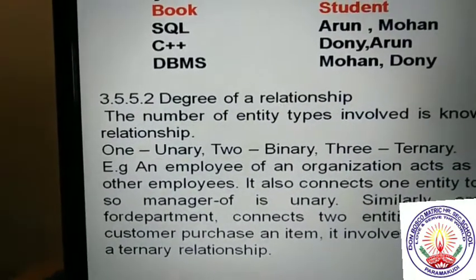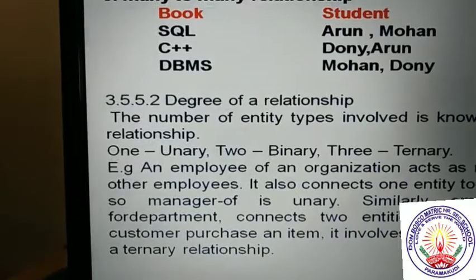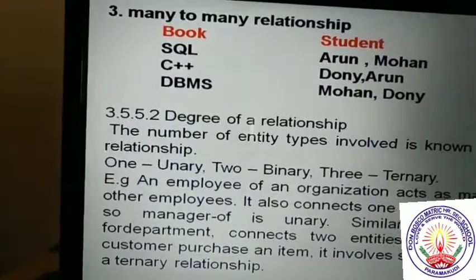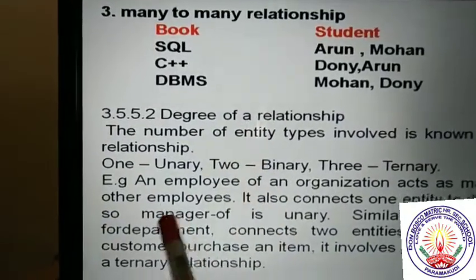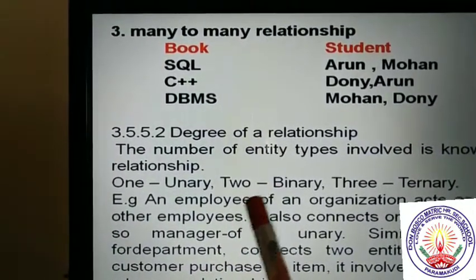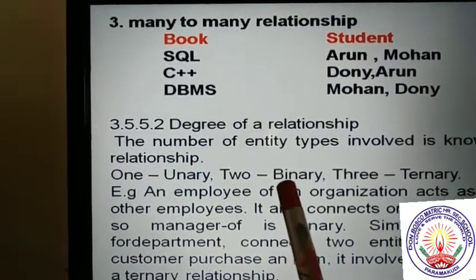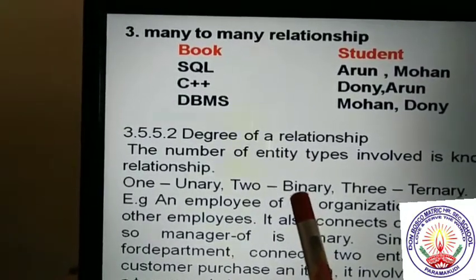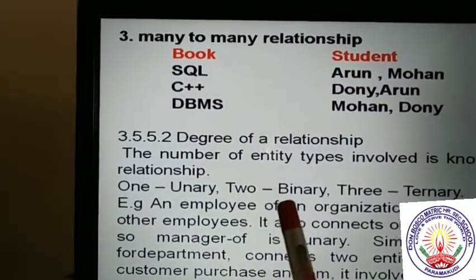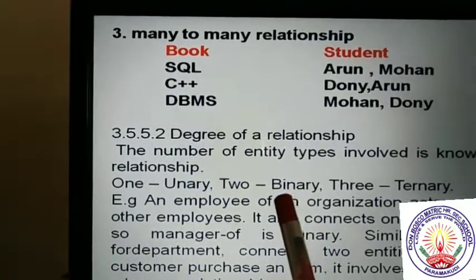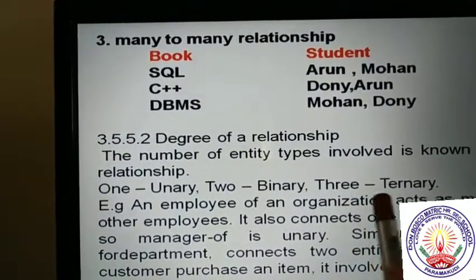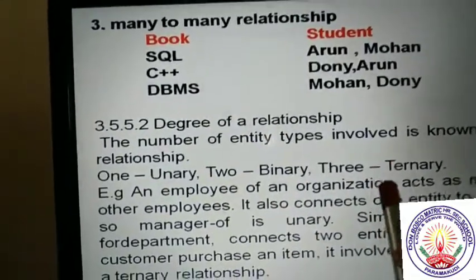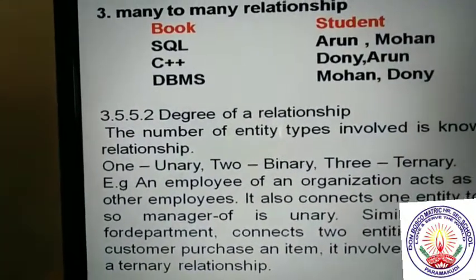So here the degrees of relationship, 1 to 1 means we have to consider unary number. So unary means one person having only one. And two means binary relationship. So binary relationship என்னது, 1 to many relationship. Binary number we have to follow the 1 to many relationship. And ternary number, so ternary is known as many to many relationship, many to many relationship.